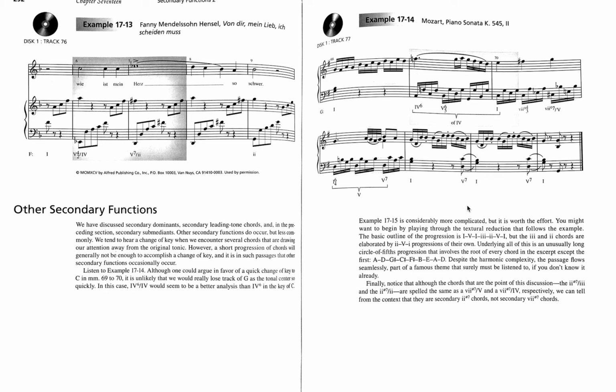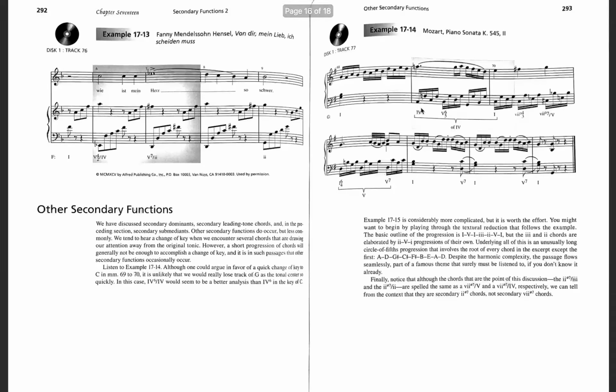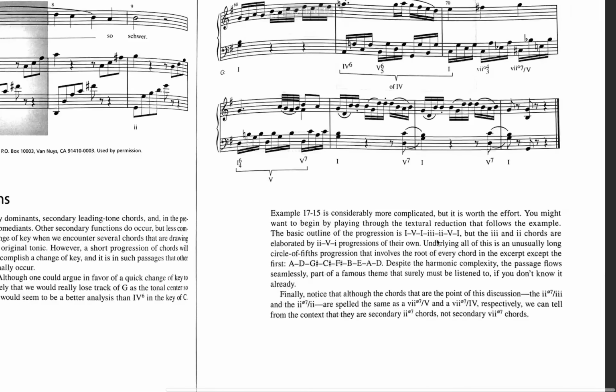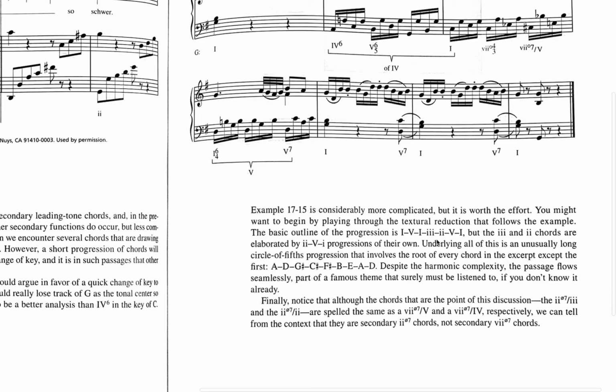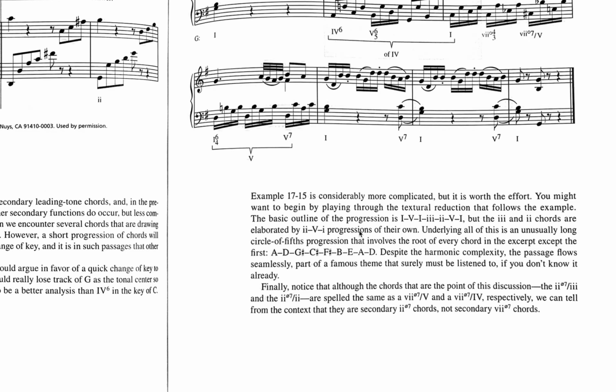The final example, we can see this very clearly. There's this Mozart example here, which we'll listen to, but let's first talk about the last example. The basic outline of the next example is 1, 5, 1, 3, 2, 5, 1.